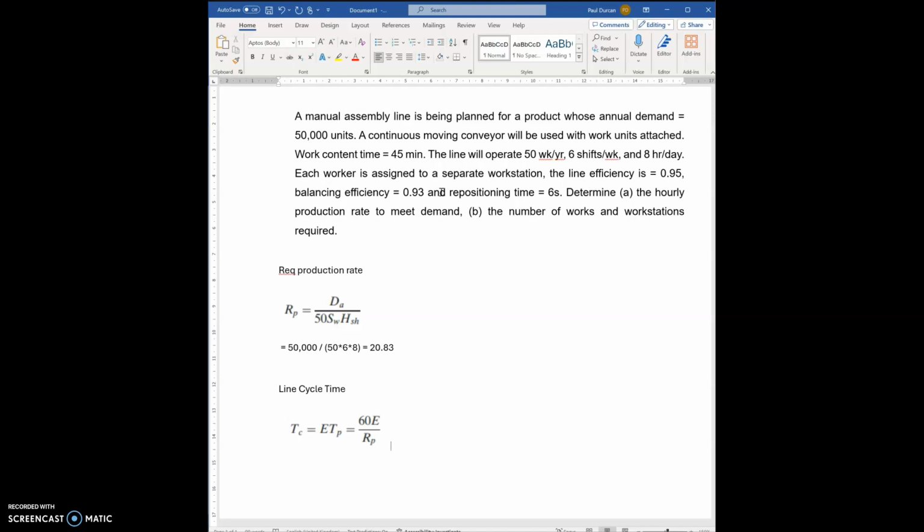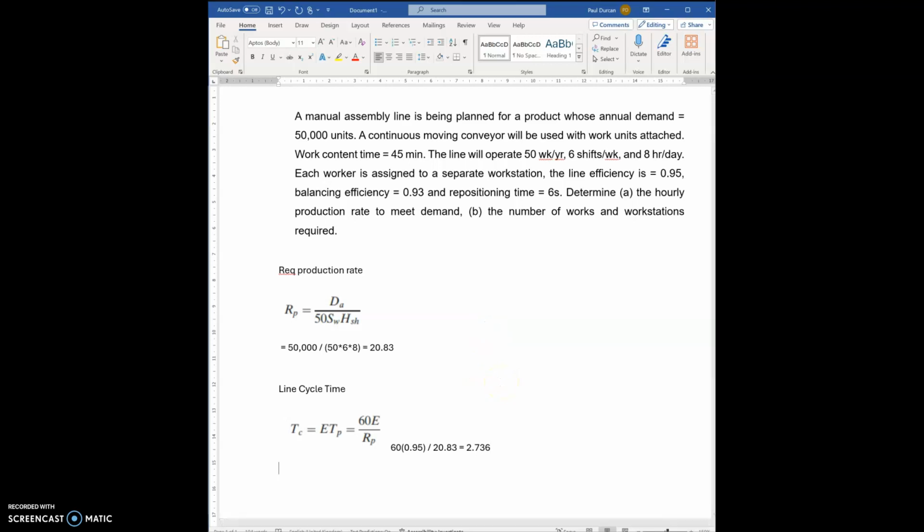So it's the line efficiency we're dealing with here: 60 multiplied by the line efficiency, which is 0.95, divided by our production rate, 20.83 that we got. If we multiply and divide, we get 2.736. You can keep maybe 2-3 decimal places, just to keep it correct.